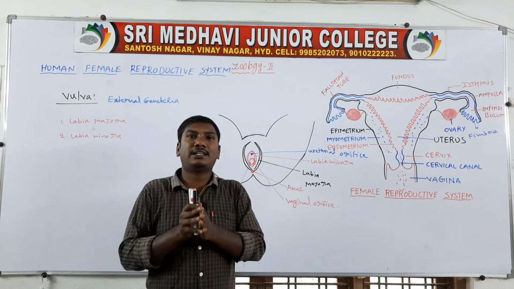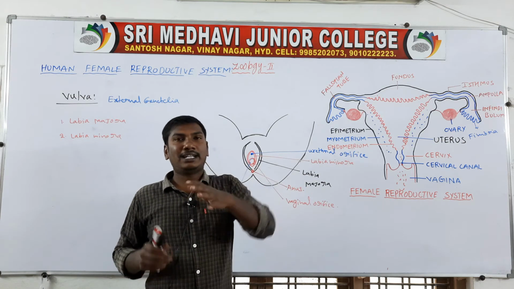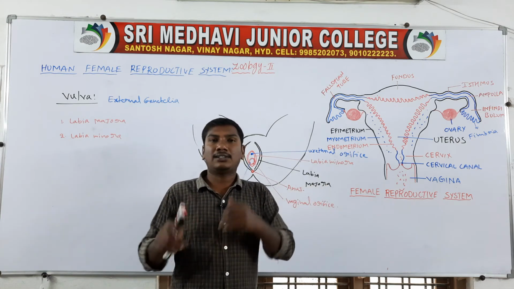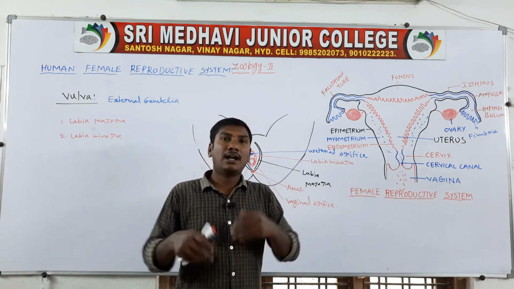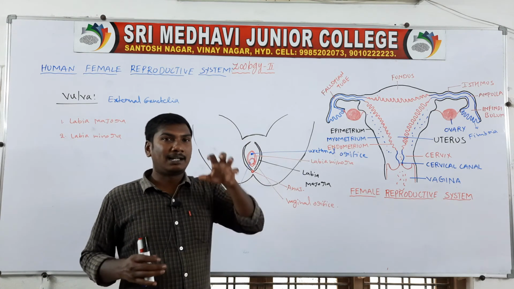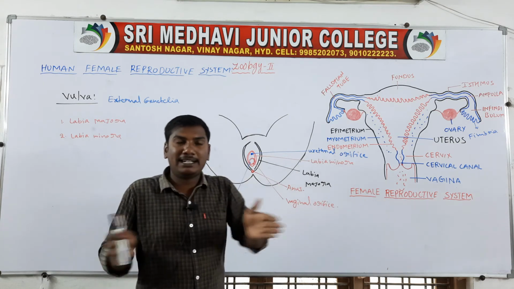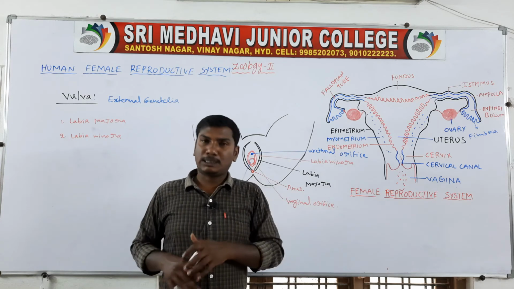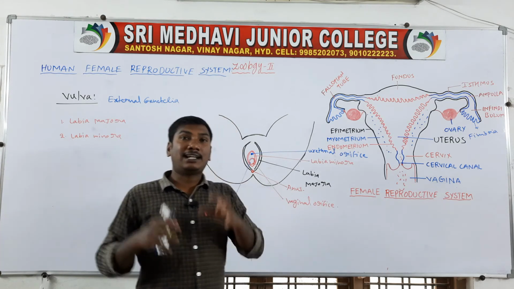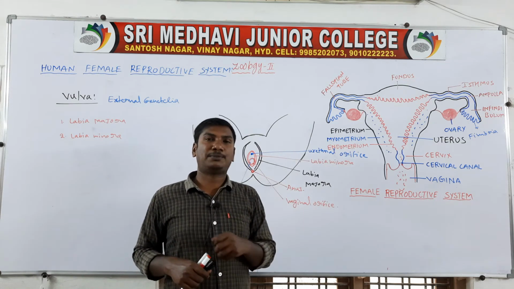The hymen ruptures before sexual intercourse because of cycling or horse riding. Normally it ruptures at first intercourse, but in sports persons it ruptures before.